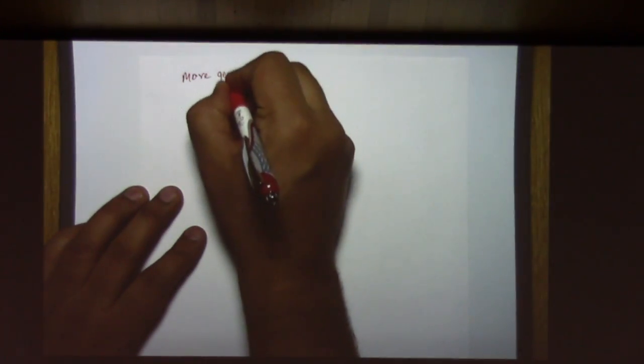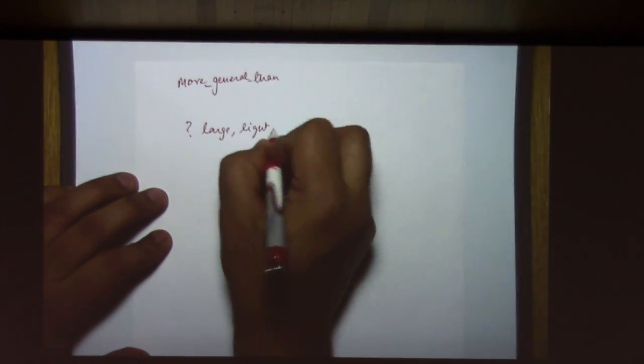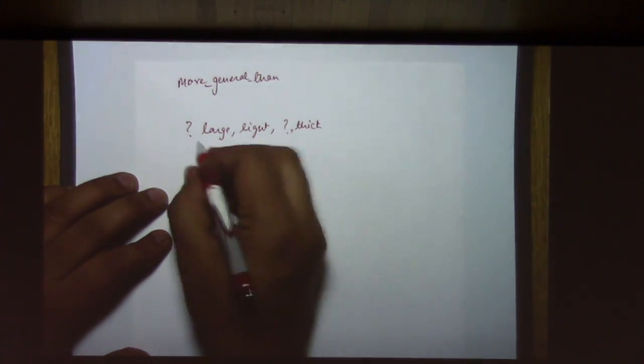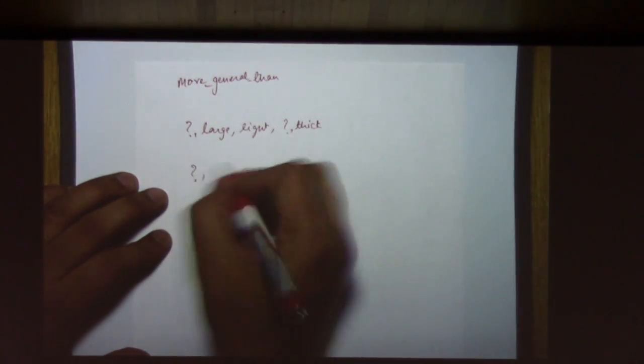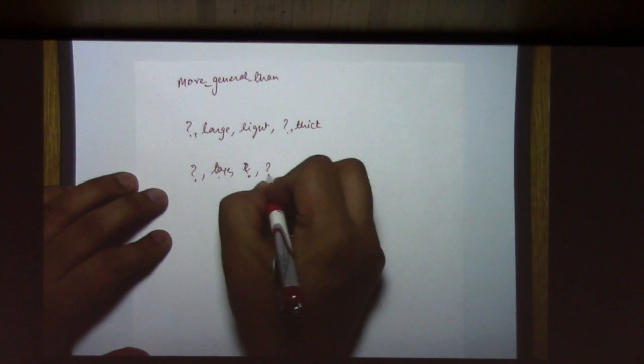So, the more general than relationship. Let's say you have a hypothesis, for example, question mark, large, light, question mark, thick. And let's say you have another hypothesis, question mark, question mark, question mark, large, question mark, thick.